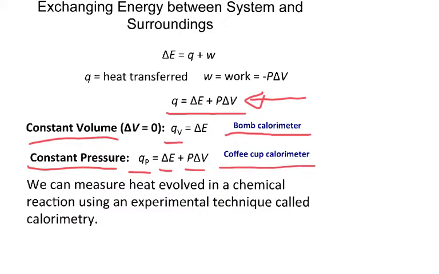This is associated with coffee cup calorimetry, and this is what you're going to do in your lab. So we can look at the heat transferred in a chemical reaction using either bomb calorimetry or coffee cup calorimetry.